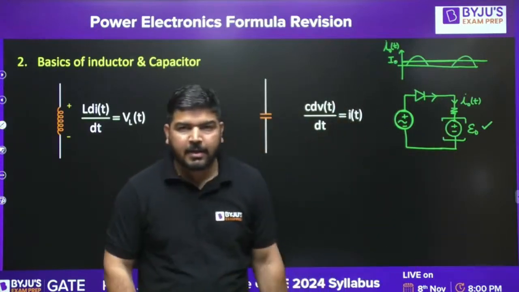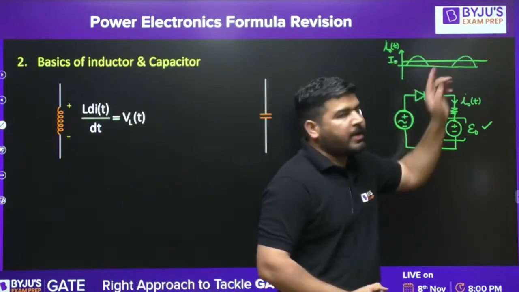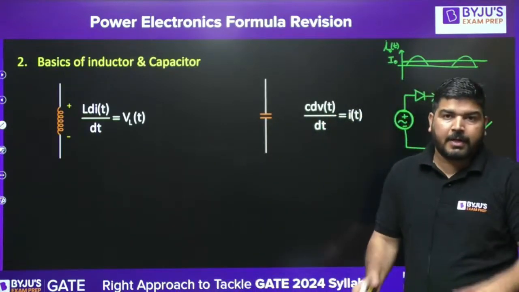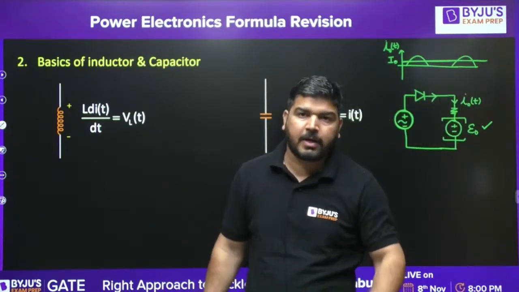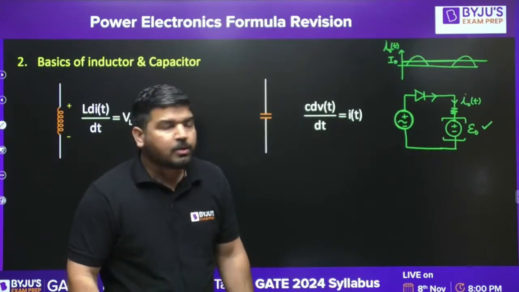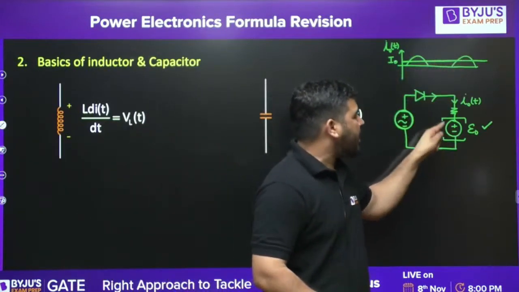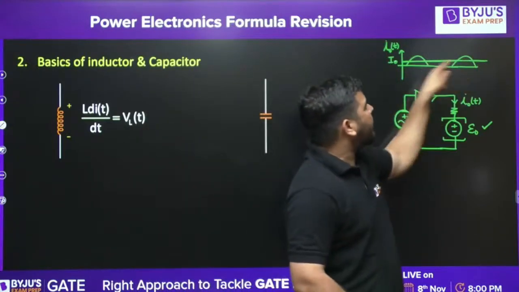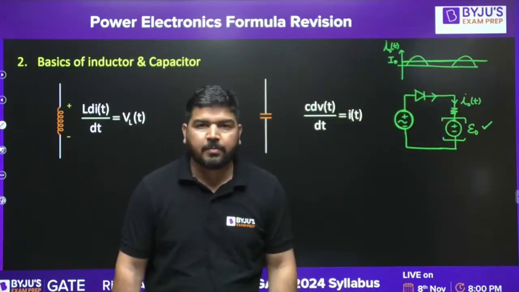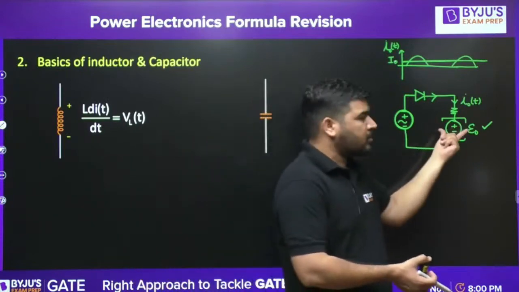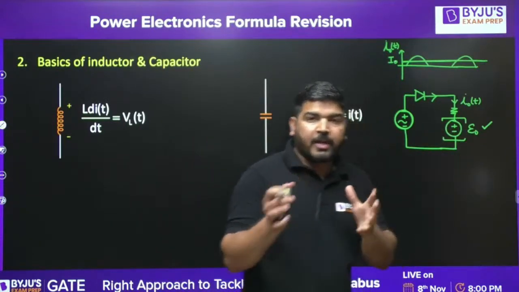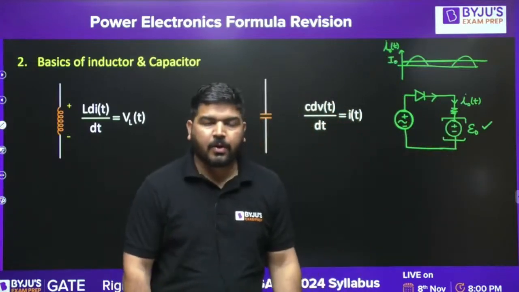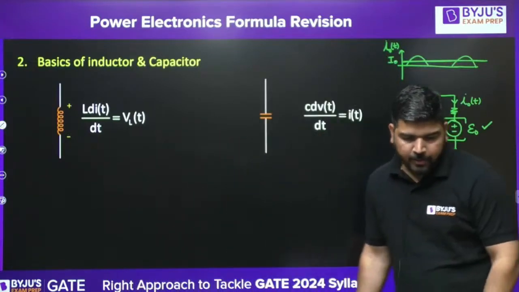The current is a periodic signal, and in a periodic signal we have the DC term, the fundamental, and harmonics, sinusoidal terms also. Those sinusoidal terms will not provide power to the DC voltage. Only the DC component of the current will provide power to this source, because it's a DC source. So you have to be careful while calculating the power absorbed by this source. I hope you understood this.